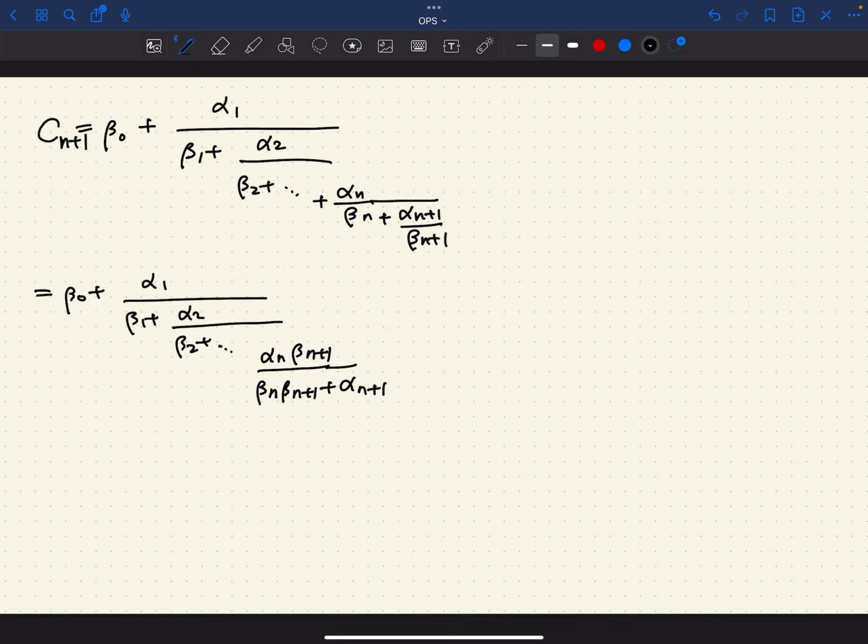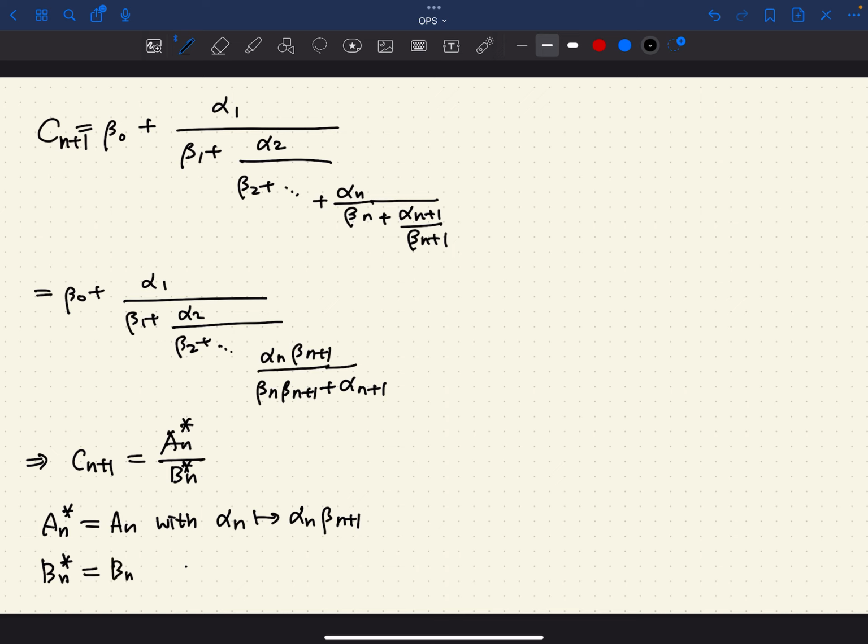So C_{n+1} is A_n over B_n, but of course not exactly. We have some modification, where A_n star is A_n with alpha_n replaced by alpha_n beta_{n+1}, and B_n star is exactly B_n with beta_n replaced by beta_n beta_{n+1} plus alpha_{n+1}. That's by the induction hypothesis. Now we're gonna compute.